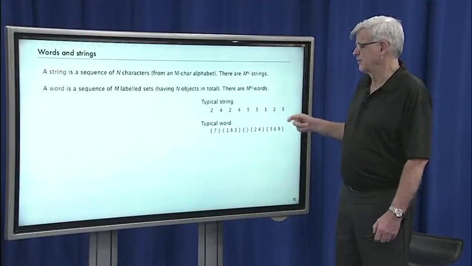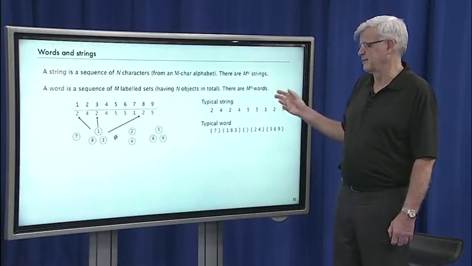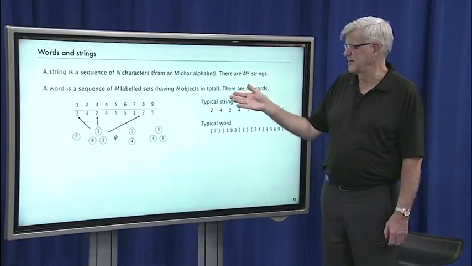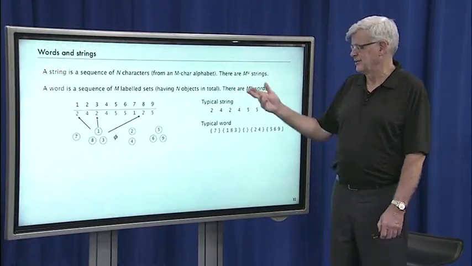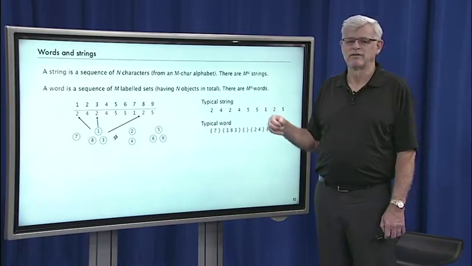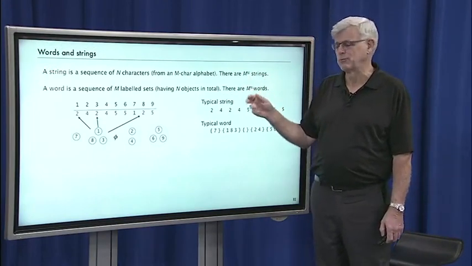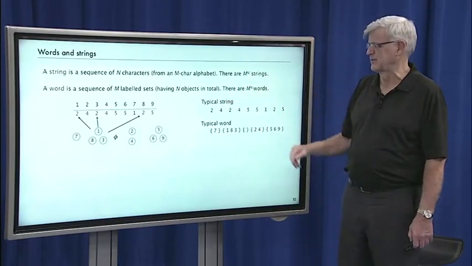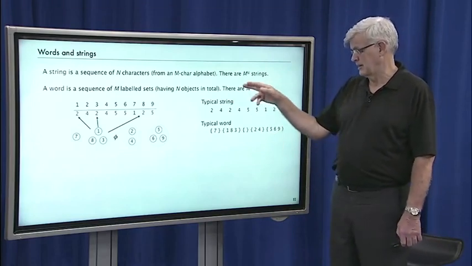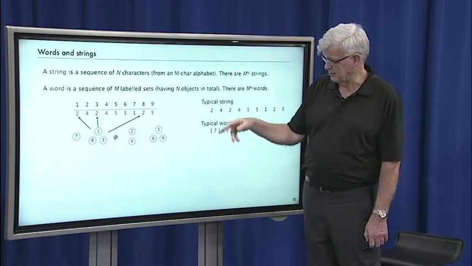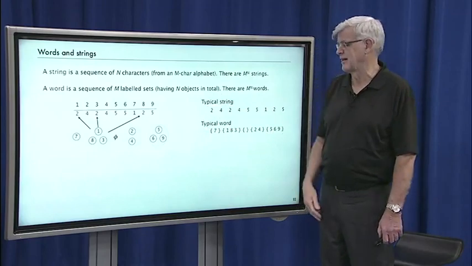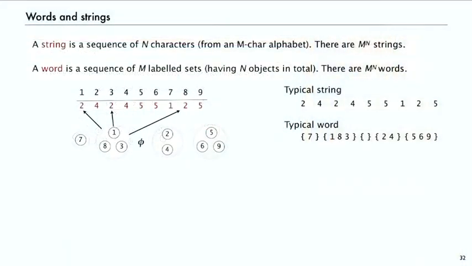Now these are really two different ways of looking at the same object, because if you take the string, you take every occurrence of the letter i as being the ith set in a sequence. So for example, 1 in this string appears in position 7, and that's the only place it appears, so that corresponds to the set 7. 2 appears in 1, 3, and 8, so that corresponds to the set 1, 3, and 8.